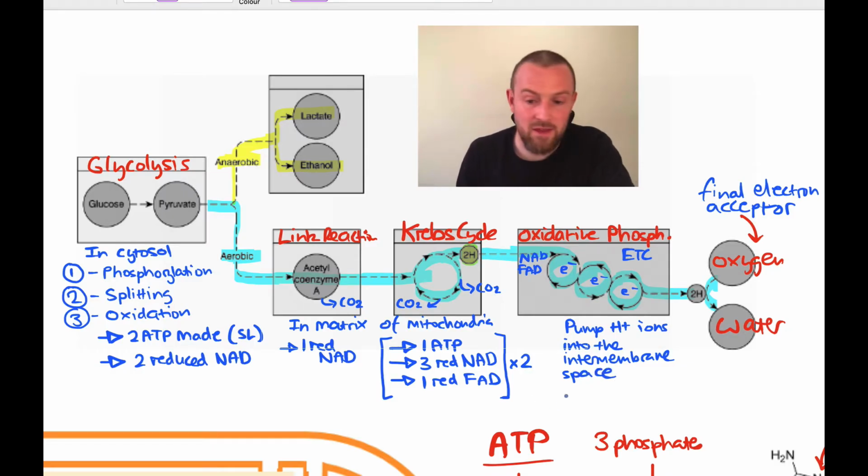And using that, we get this H+ gradient. So I'll kind of put a little box around this.